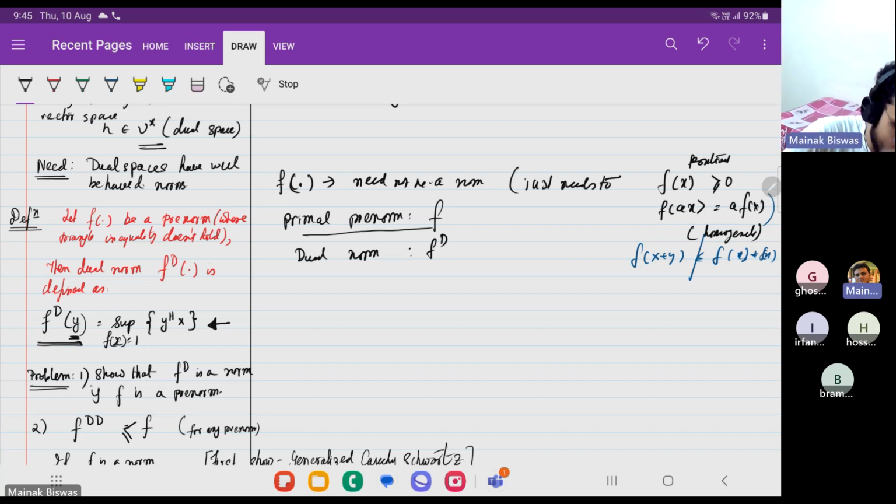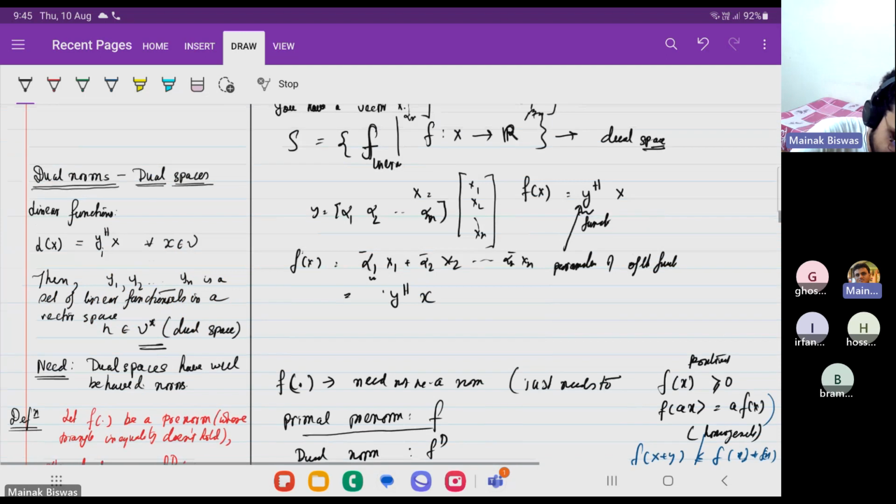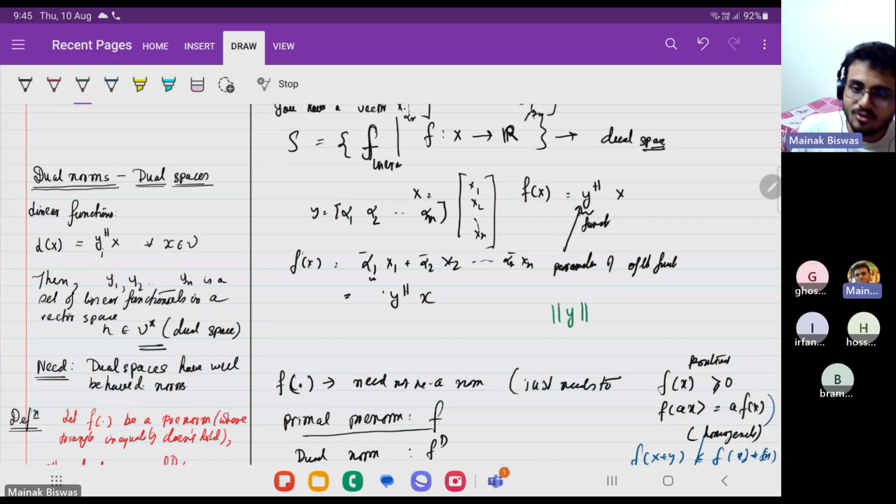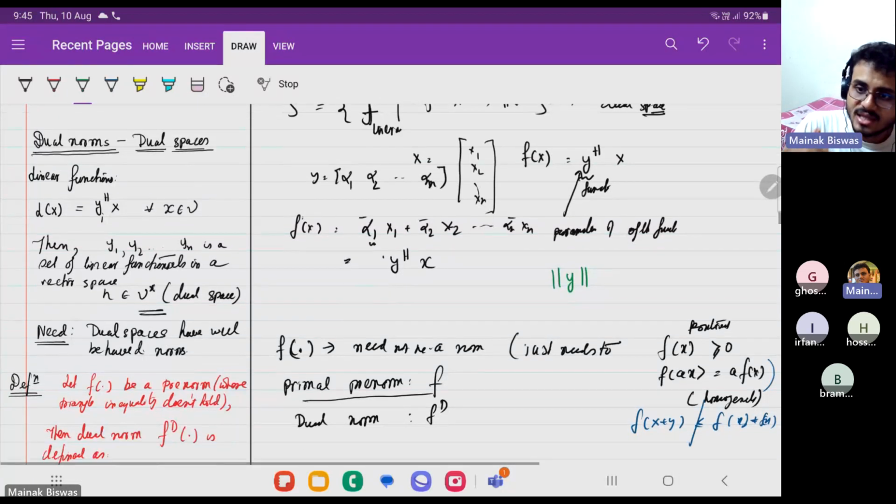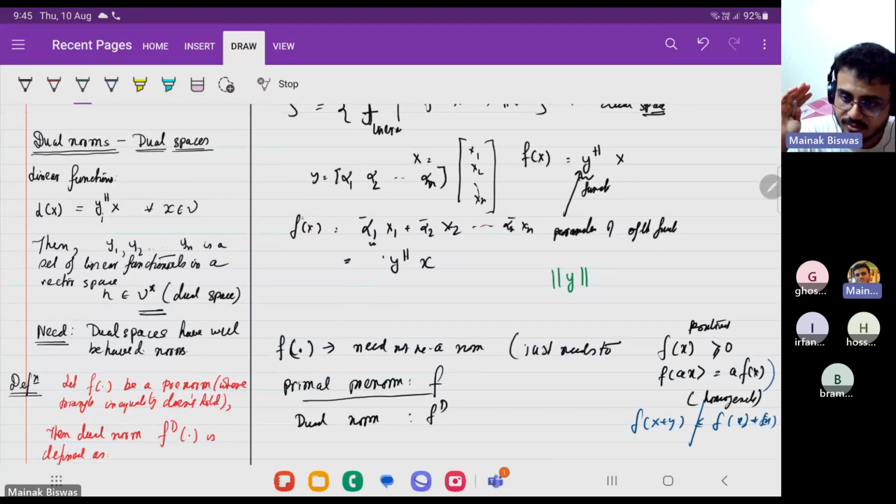On what do you define a norm? You define a norm on a vector, right? So on this y, I can define a set of functions like x Hermitian y. Just on y. I am defining a set of functions x Hermitian y, and I want to find what would be the best sort of length for this.